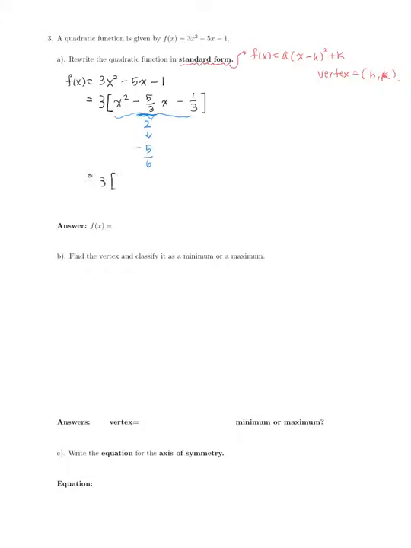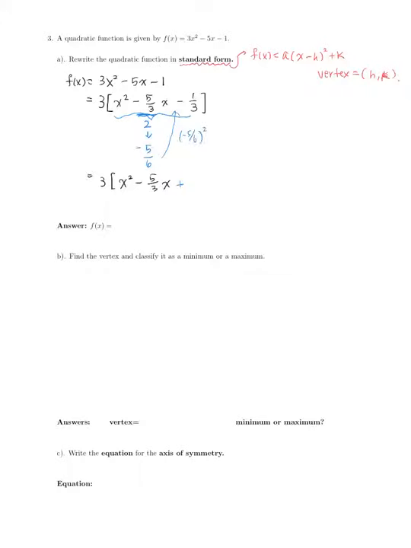All right, so let's rewrite. This is 3, and then x squared minus 5 over 3 x. Now, if I divide this 5 over 3 by 2, then you're gonna have negative 5 over 6. So what's gonna go into the next one is plus 5 over 6 squared. So basically, you're gonna have to go over here and add negative 5 over 6 squared.